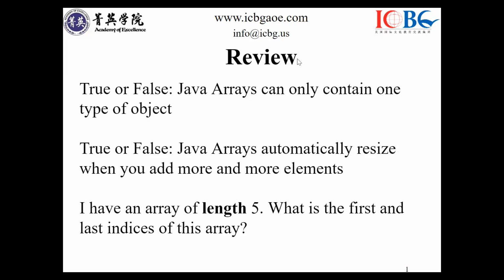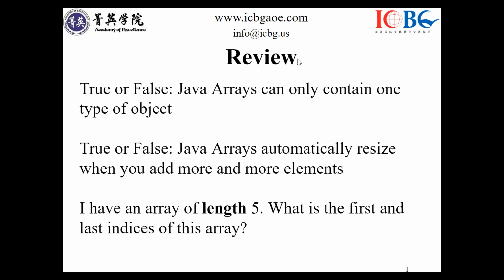So for the first one, Java arrays can only contain one type of object, that is true. When you define an array, you define it with the type of object already in mind. However, in the future, if you get into more complicated things with subtypes of objects, say you have a class Animal, a class Dog that is a subclass of Animal, and a class Cat that is also a subclass of Animal, if you make an Animal array, you could have both dogs and cats in it.